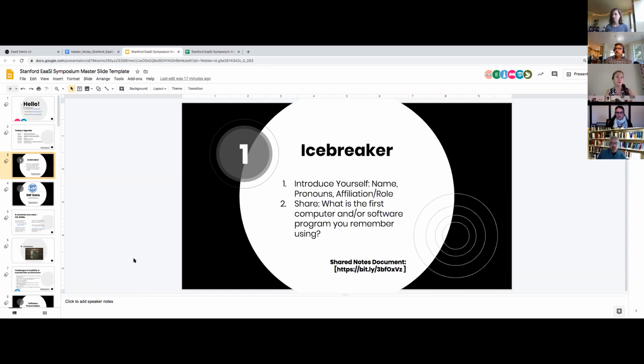I'm a government information librarian at Stanford's library. My pronouns are she, her, hers. And the first software program I remember using, I had a homemade built DOS box, and I think it was a really old version of WordPerfect. So good memories with a dot matrix printer to type all my papers.